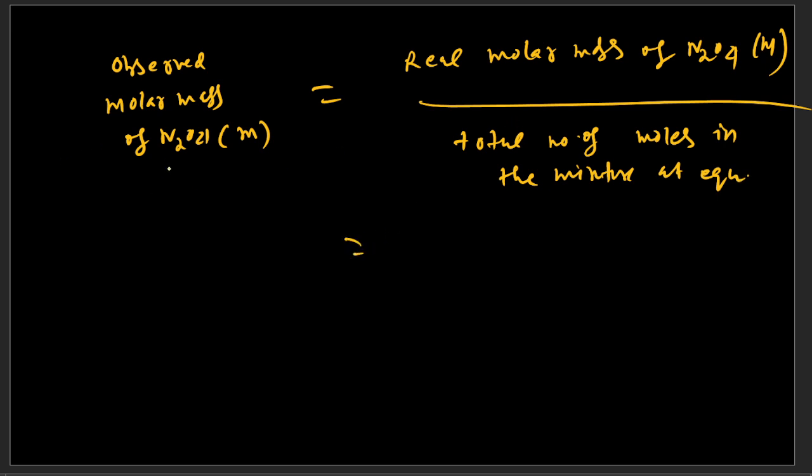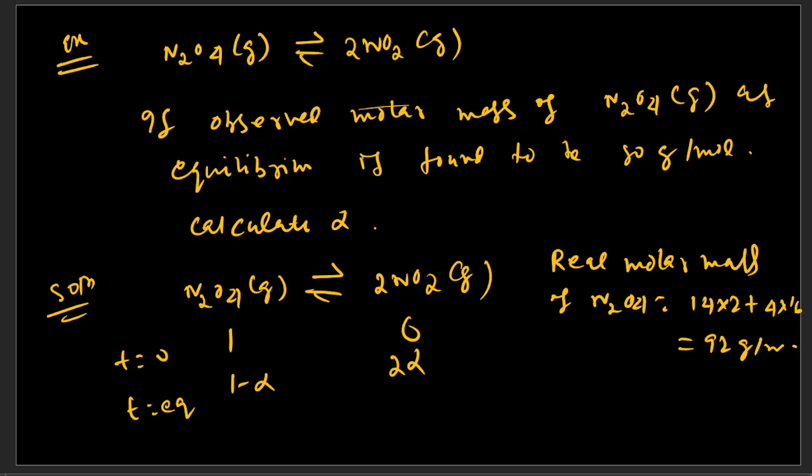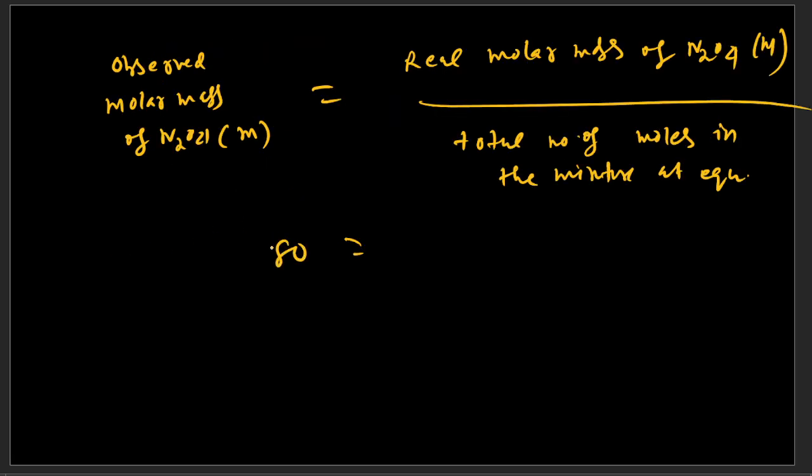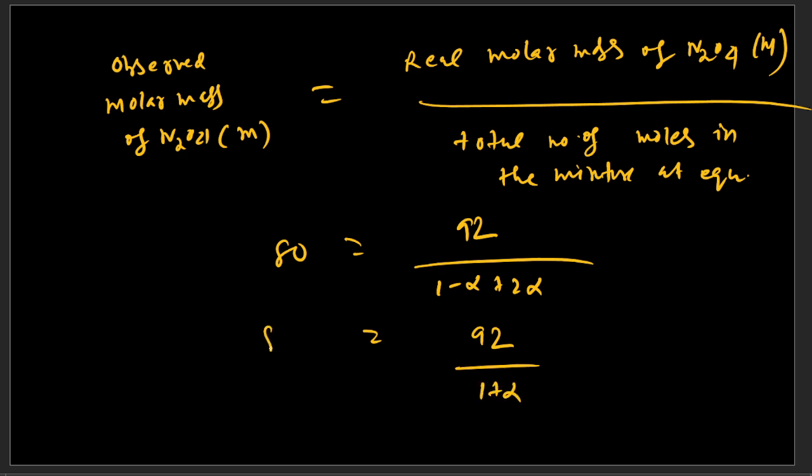The observed molar mass is given as 80, the real molar mass is 92, and the total number of moles is 1 minus alpha plus 2 alpha, that is 1 plus alpha. So 80 equals 92 divided by 1 plus alpha.